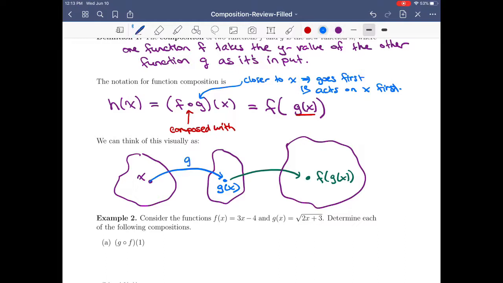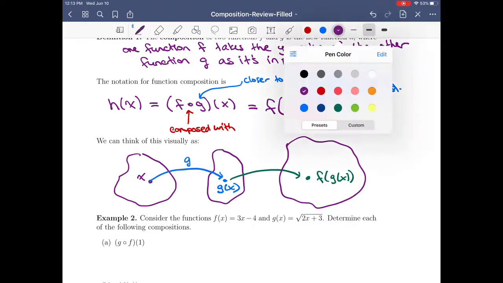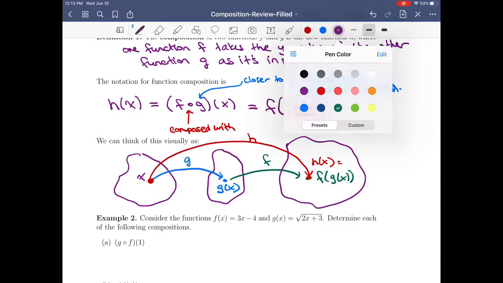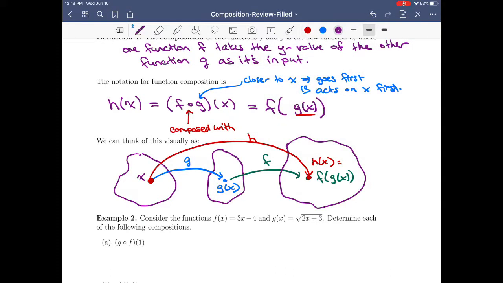So g and then f, but h just takes x all the way to here. So h is equal to f of g of x. It's almost like you're skipping this middle part, but in fact you're doing it as well. So that's the idea behind a composition of functions.